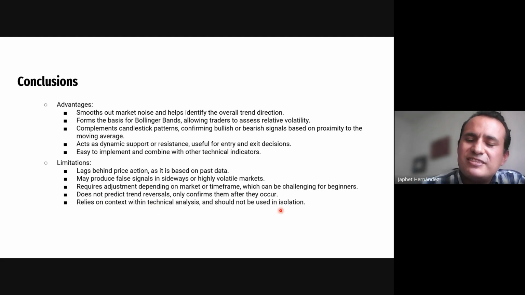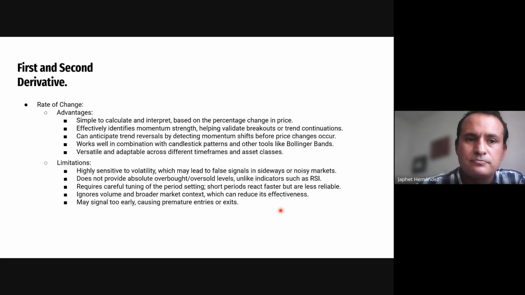So the recommendation is not to use the moving average alone. It must be used together with another set of tools, such as the first and second derivative. The first and second derivative that were used here identify the momentum strength, and they help validate the breakouts or trend continuations.